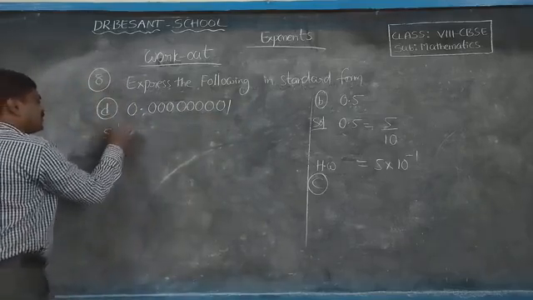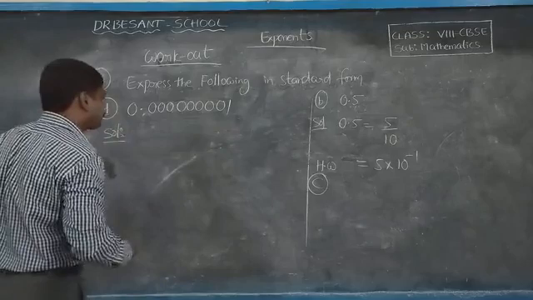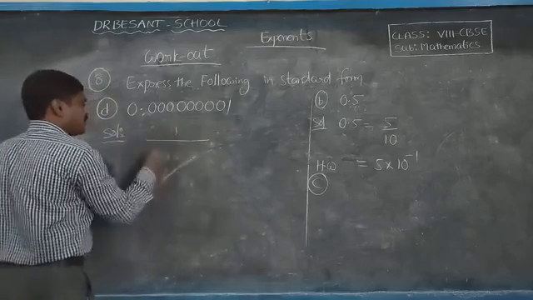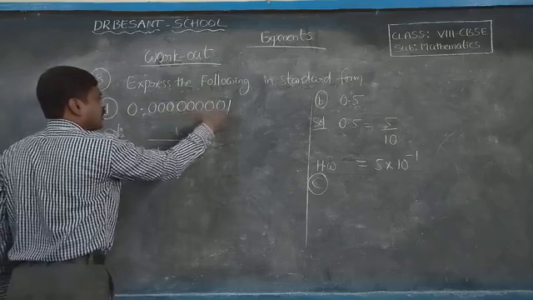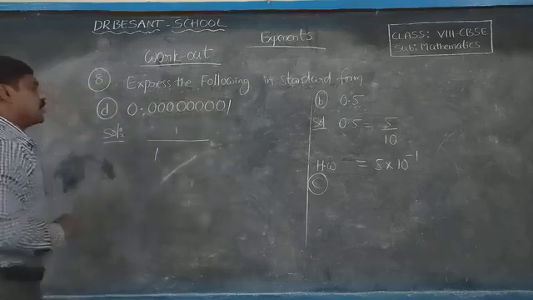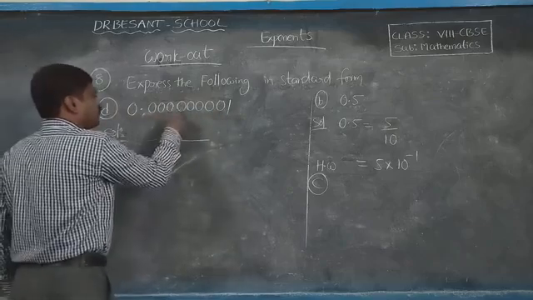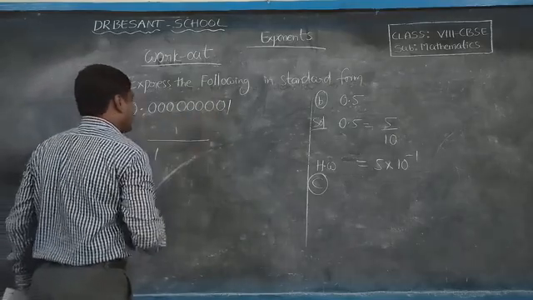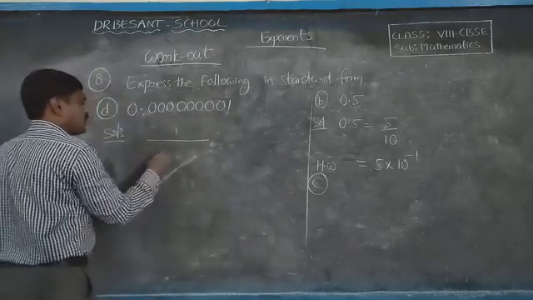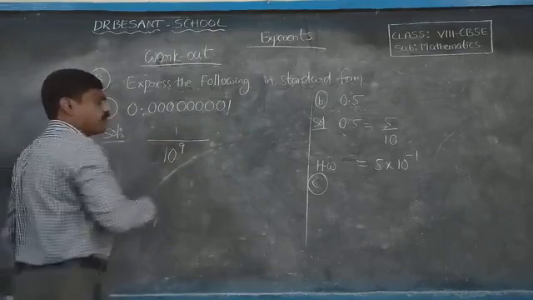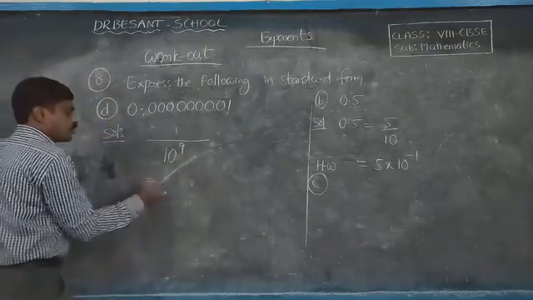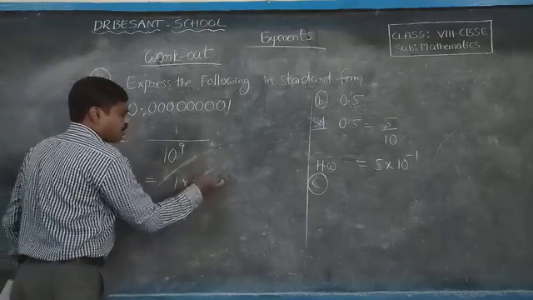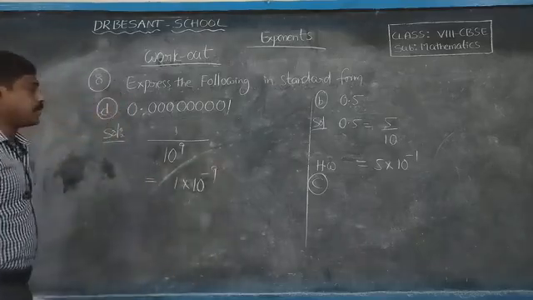So this one we can write 1 by 1 followed by 1, 2, 3, 4, 5, 6, 7, 8, 9 digits. So then 10 to the power of 9. 1 by 10 to the power of 9. So that is equal to 1 into 10 to the power of minus 9.